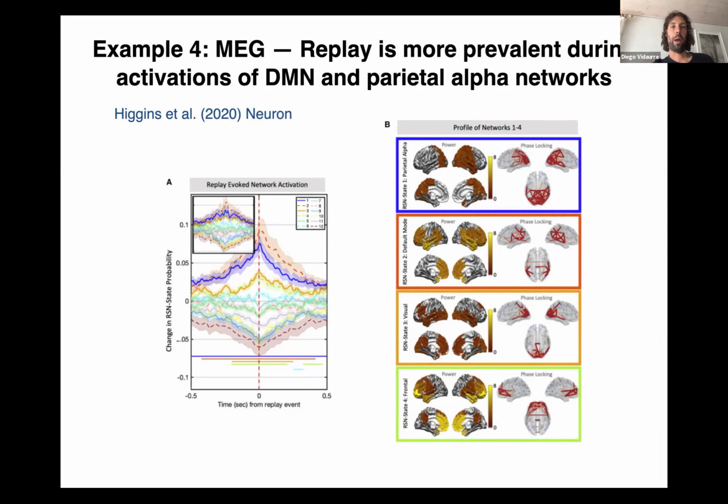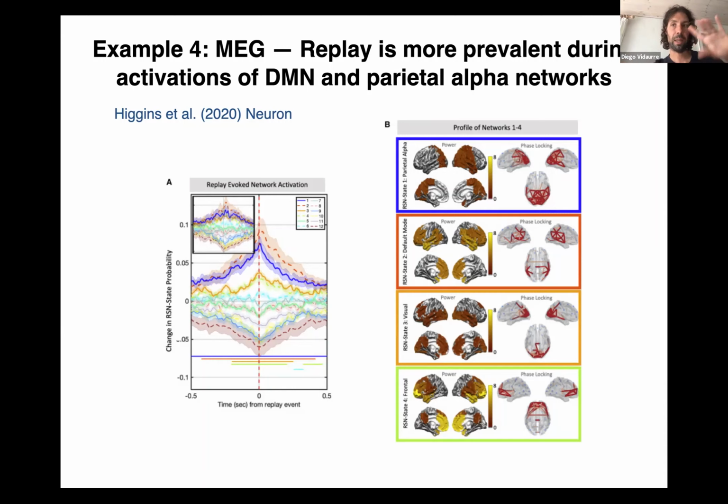So we hypothesized that replay might have a relationship with this default mode network that no one really knows what it's about. We set out to study this with HMM. We have an experiment where people have to memorize a sequence of pictures, and then we scan them at rest afterwards.